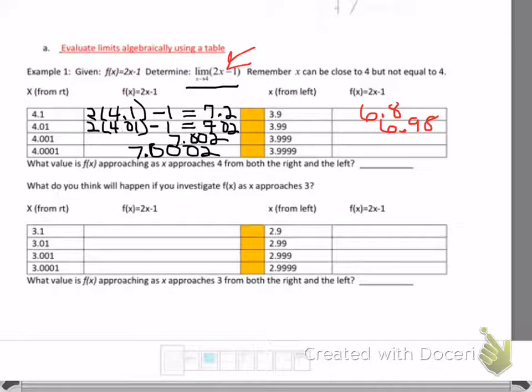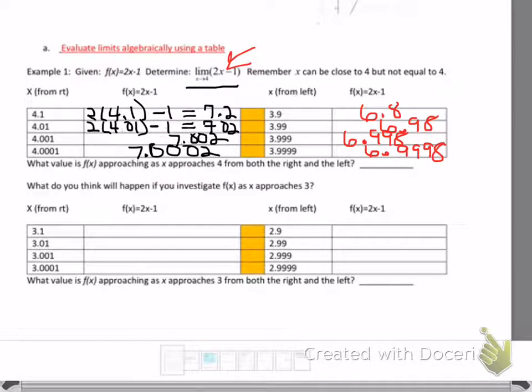If I plug 3.999, I get 6.998. And if I plug in an even closer value, 3.9999, so close but not quite there, I'm going to get 6.9998. And you can verify this with your own calculator.